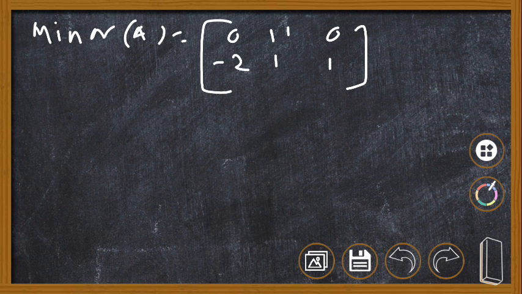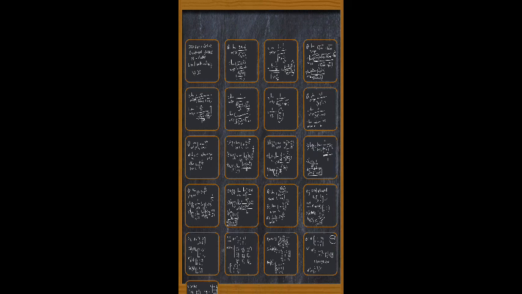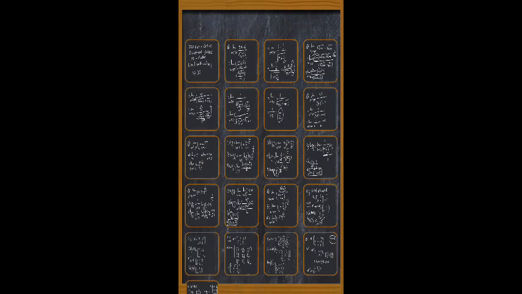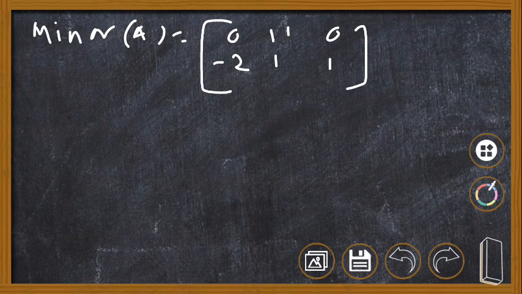Minus 3, 1, 1 it was, and 2, minus 8, 3. Now after getting the minor of A, most of our work is done.